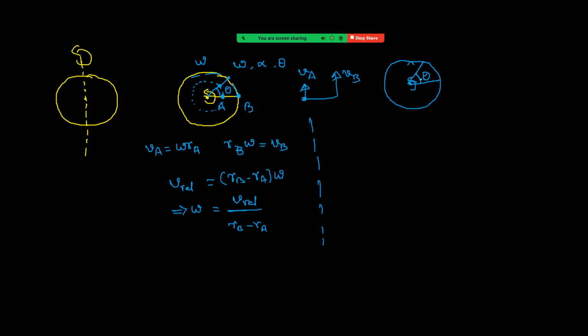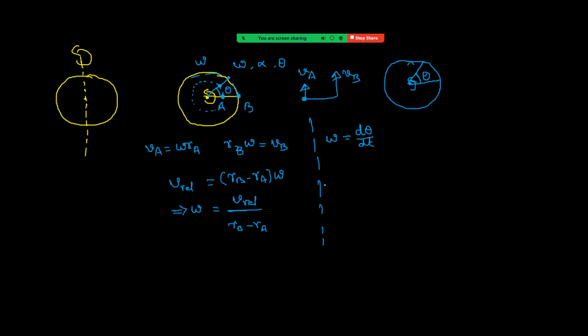Then theta is the angular displacement. So now we define angular velocity. It is d theta by dt. If you remember, we discussed the same thing in circular motion. Here also it is the same, because all points are following a circular path. Direction will be along the axis of rotation, right?